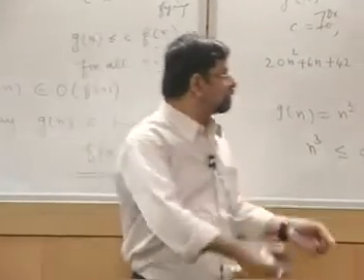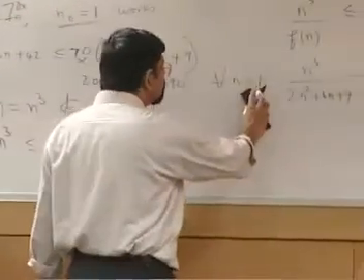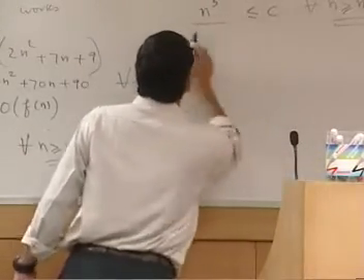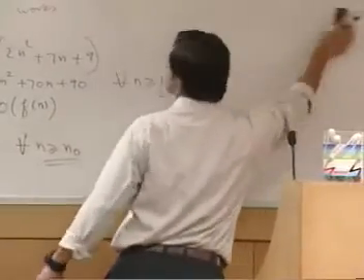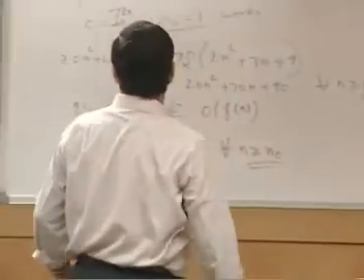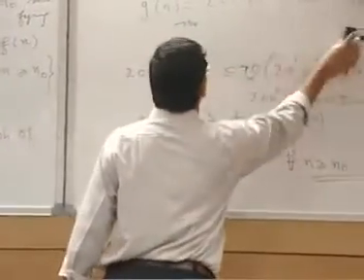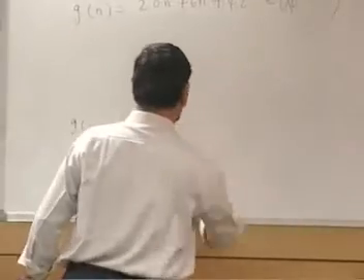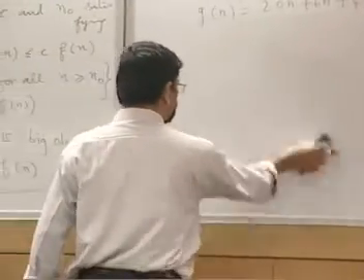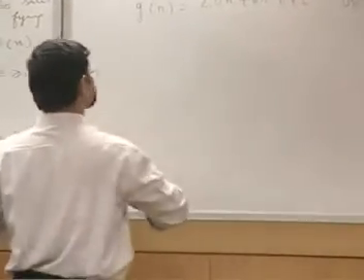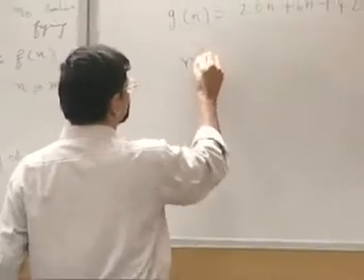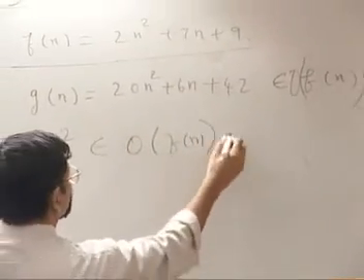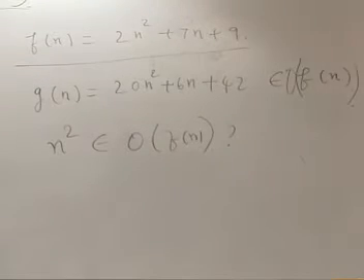All right. So, is n square big O of this? Is n square belonging to big O of f of n? Yes, trivial.